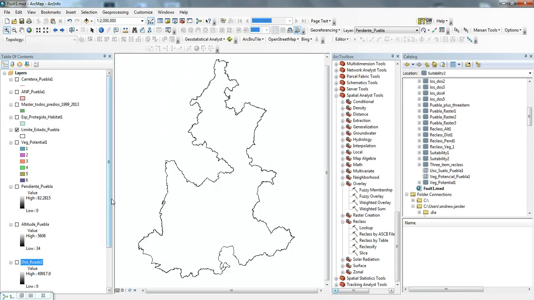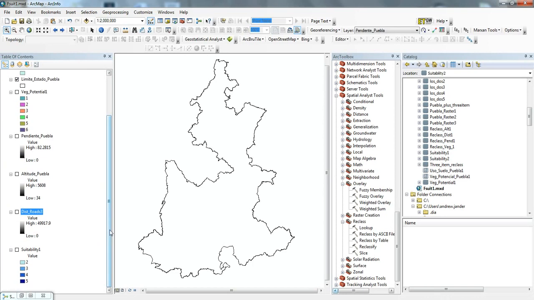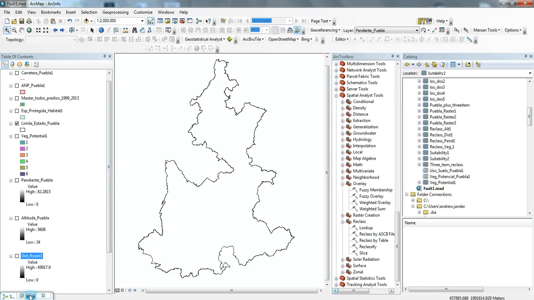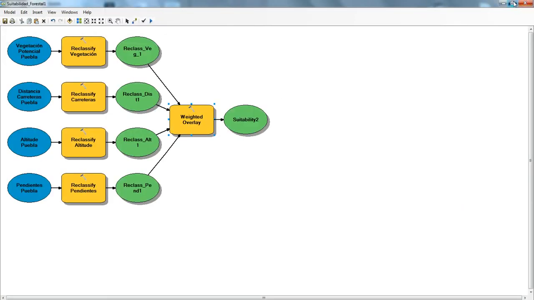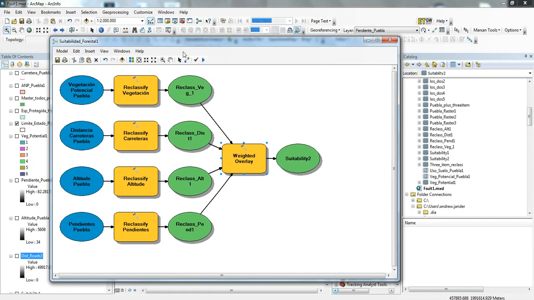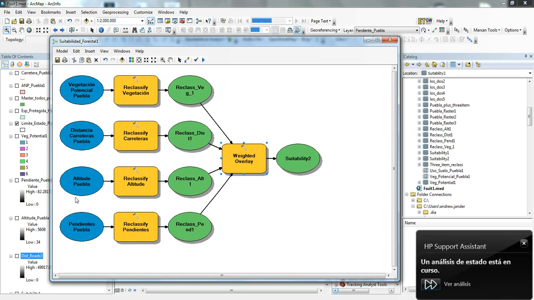So basically, I pulled all those into this model here. If you look at this model, here in blue you have all of the inputs, and these inputs are basically the vegetation, the distance from roads, the altitude, and the slope.